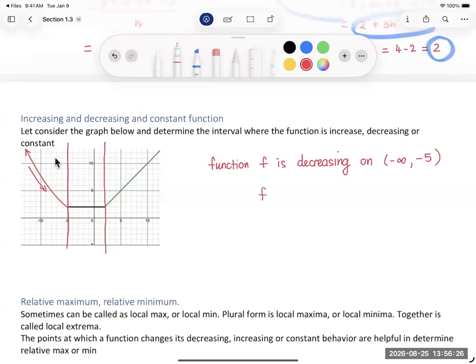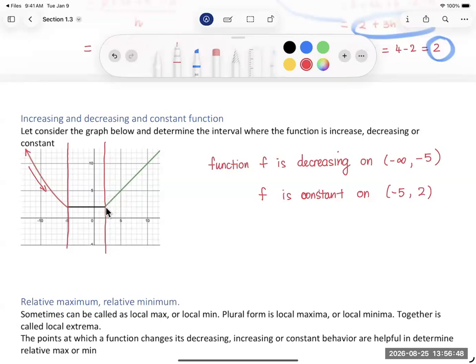So f is constant on the x value where the graph is constant. The x value is between negative 5 and 2. So negative 5 and 2. So that is how we read the decreasing interval.